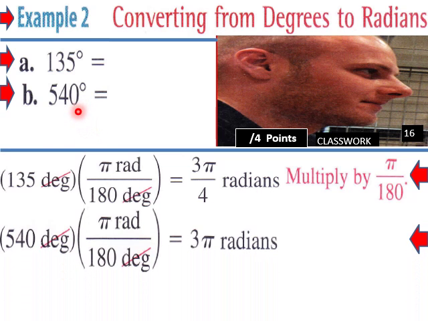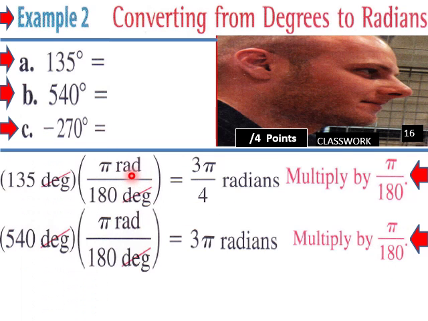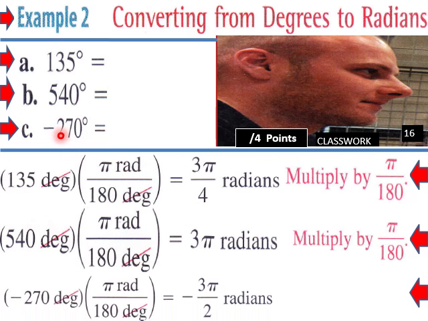Now 540 degrees, again using our conversion factor, we do our canceling, then 540 times pi radians over 180 will give us 3 pi radians. And then negative 270, when we multiply that into our conversion factor, we get negative 270 times pi radians over 180, which gives us a negative 3 pi over 2 radians.